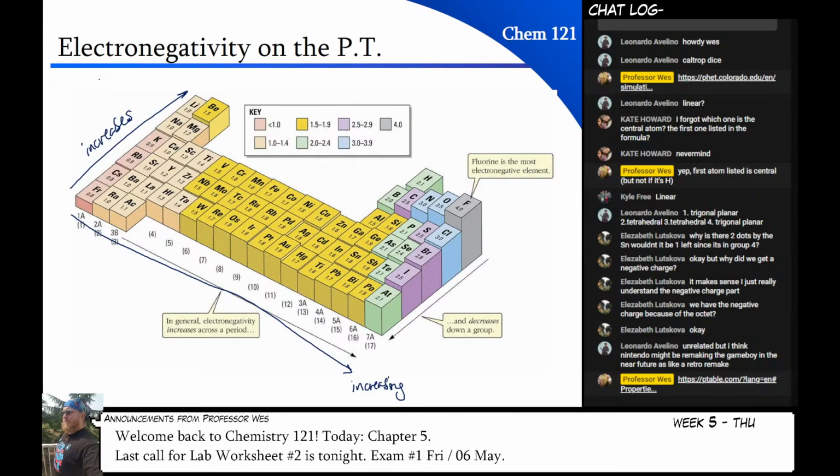Now, there is an interesting thing in the middle here. These elements in the center of the periodic table, those numbers are particularly low. I believe that the numbers that are shown are called Pauling electronegativity. The electronegativity on P-table that I linked to you uses a much more up-to-date system of numbering.